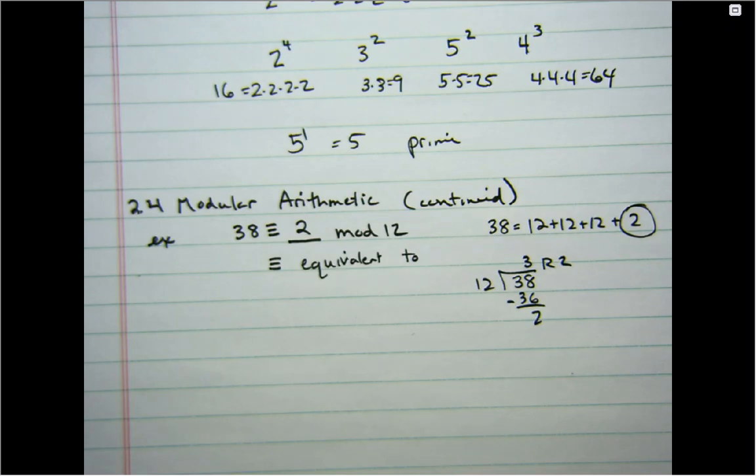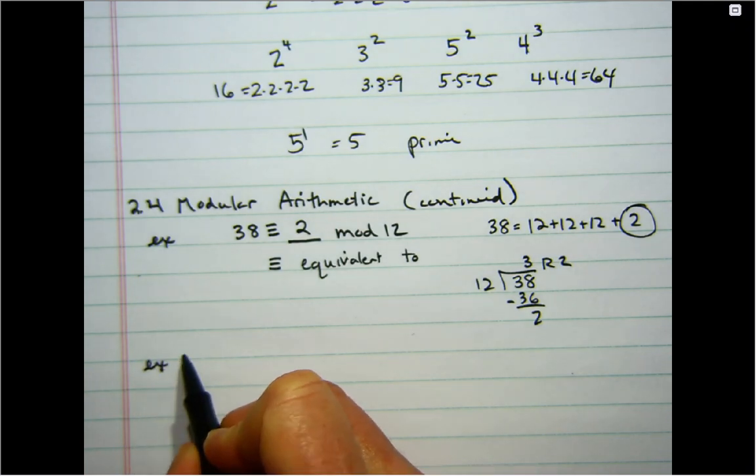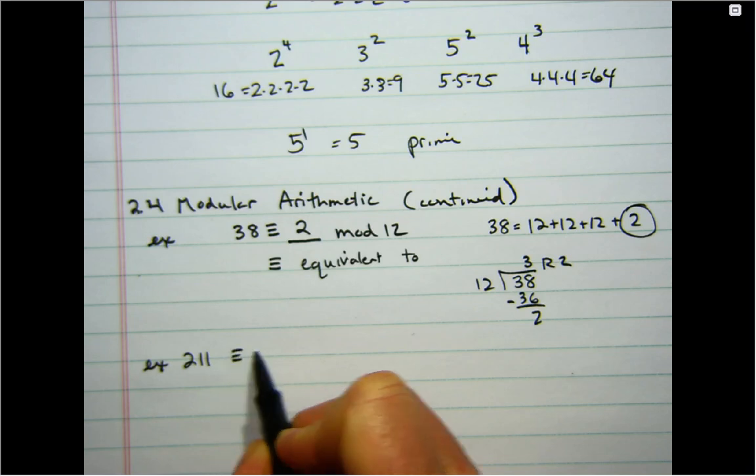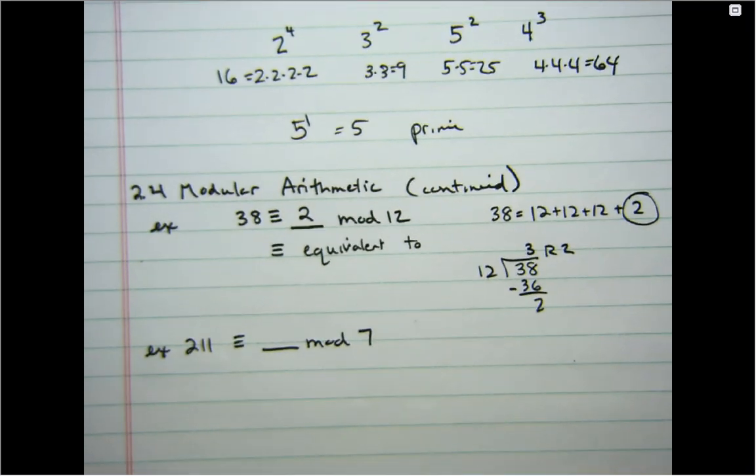Let's try another example. We had a clock that had 7 hours on it, and I asked, what time will it be in 211 hours? What you're doing then is modular arithmetic mod 7, so we take out multiples of 7. That's a big number, so you would use your calculator.